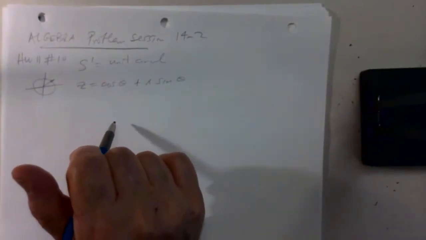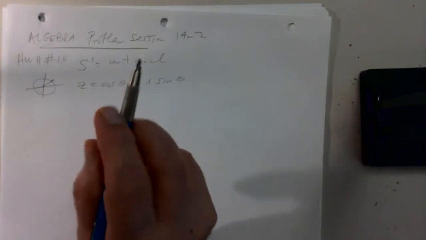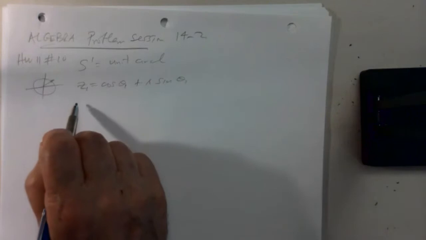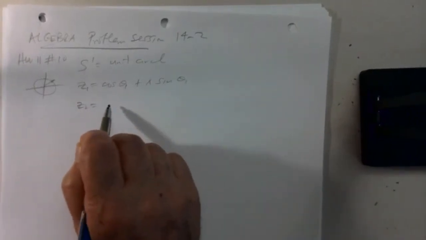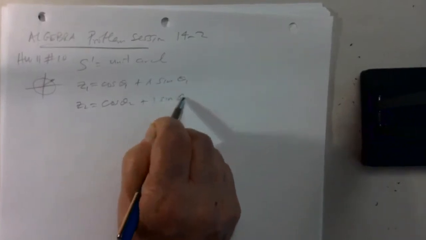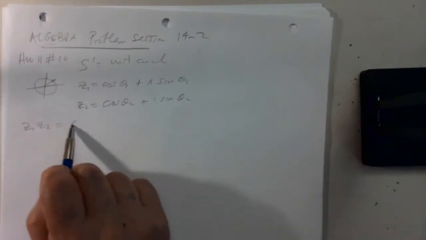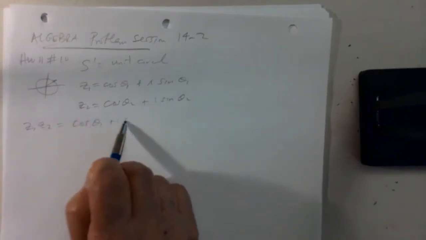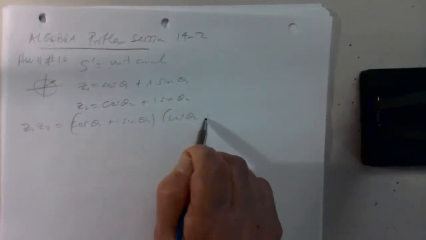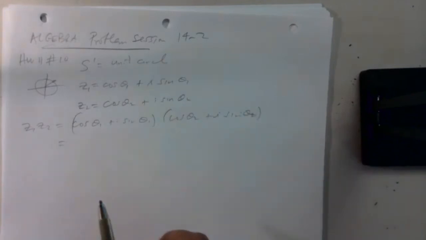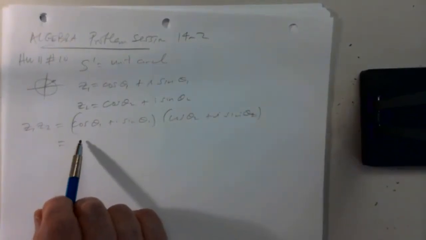So prove it's a group. Well, let's say z1 is cosine theta 1 plus i sine theta 1, and z2 is cosine theta 2 plus i sine theta 2. If you multiply them, how do you multiply complex numbers?